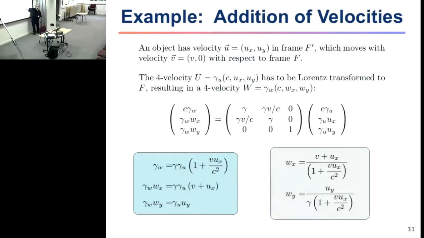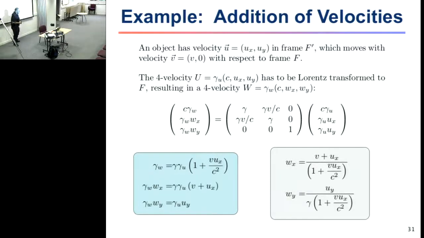If both of these were very, very close to the speed of light, we'd end up with 2c upstairs, but we would be dividing by 1 plus c squared, which is 1 plus 1, that's 2. So we've got 2 divided by 2. It's going to give us 1 again. So we add two things that are very close to the speed of light, and we just get another thing that's very close to the speed of light.